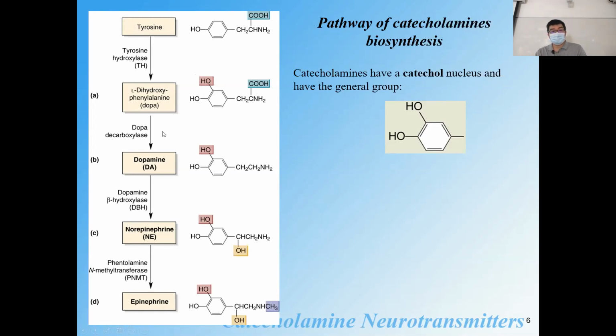And then DOPA decarboxylase removes the carboxyl group, and that will become dopamine. Now dopamine beta hydroxylase adds the hydroxyl group over here. And then for epinephrine, a methyl group is added over here by phenylethanolamine N-methyltransferase, PNMT.